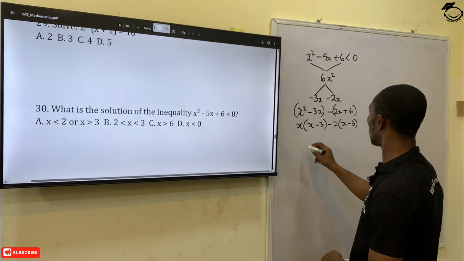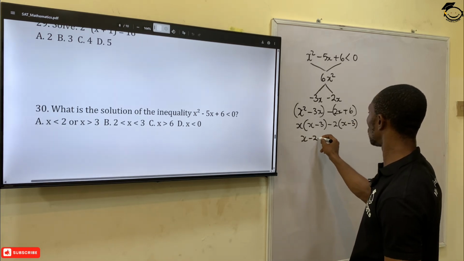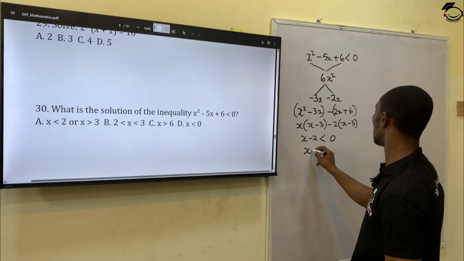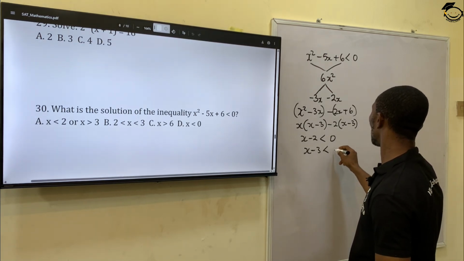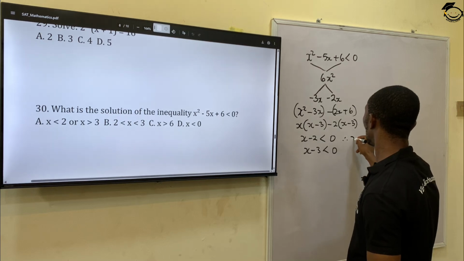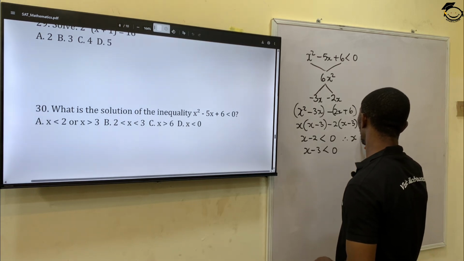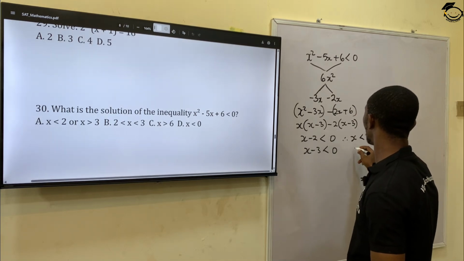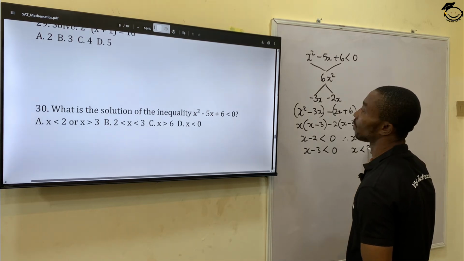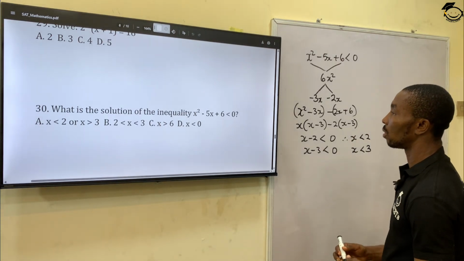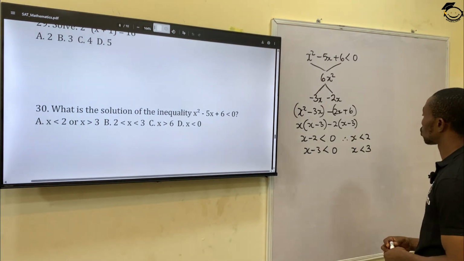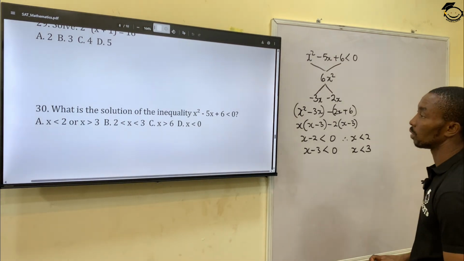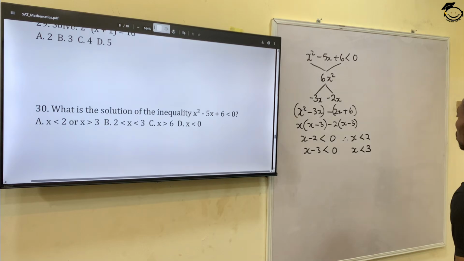Okay, now this will give us x minus 2 and x minus 3 is less than 0. So therefore, x is less than 2 and x is less than 3, which will give us our option as option A.